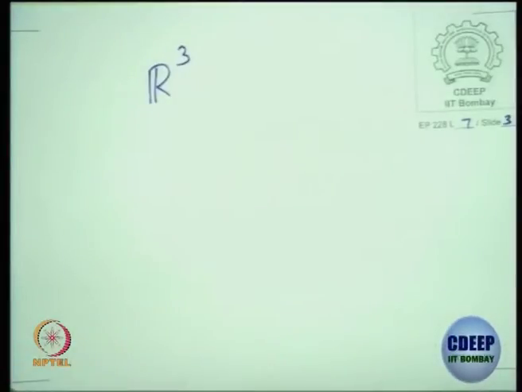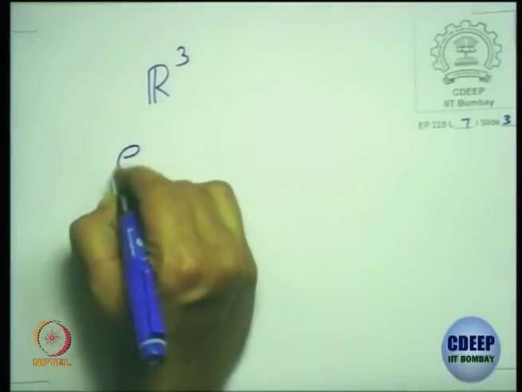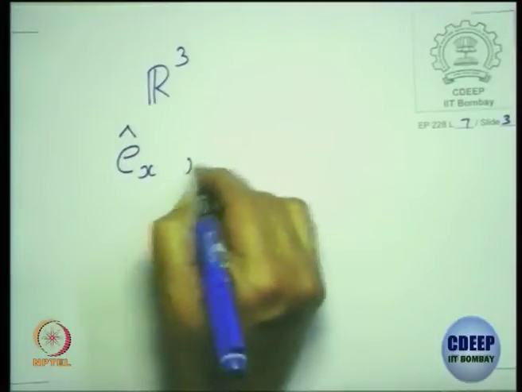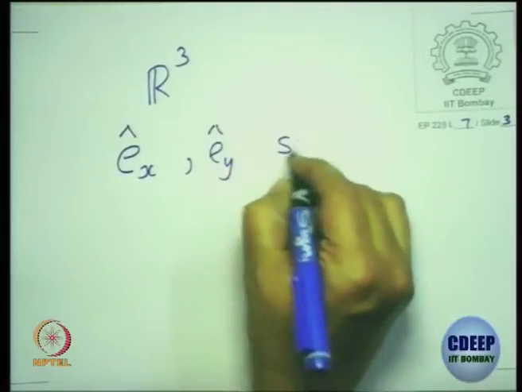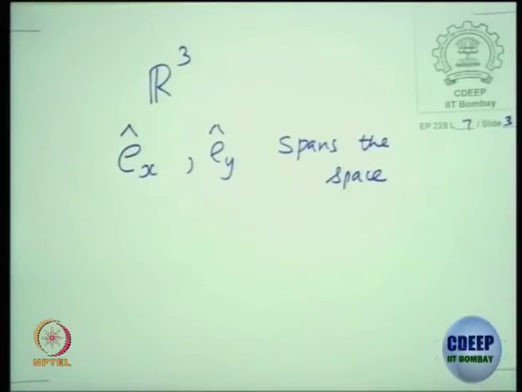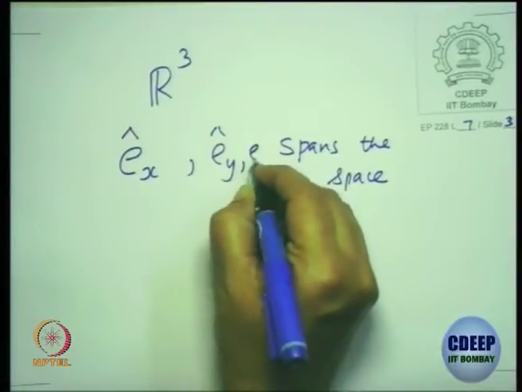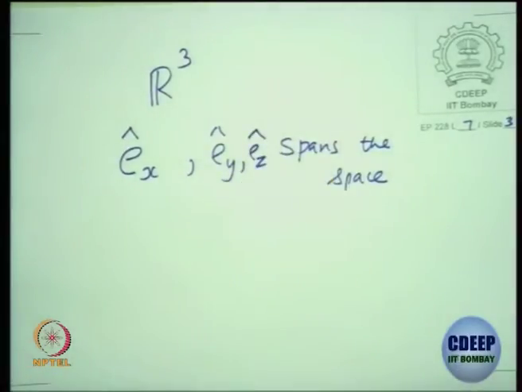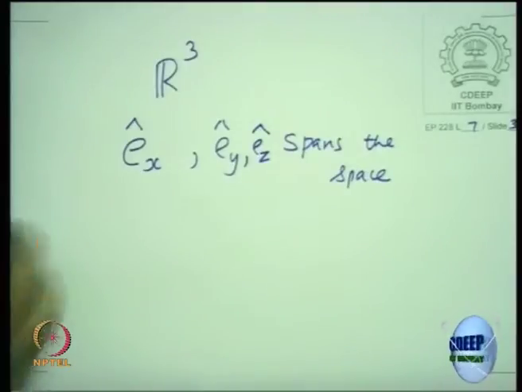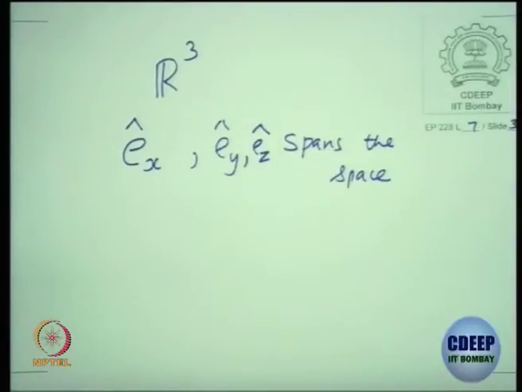Okay. So here you could try to write that your familiar unit vectors Ex, Ey span the space. Is that right? No. So you need to add Ez, which spans the space, and you cannot say Ex and Ey alone are spanning the space.